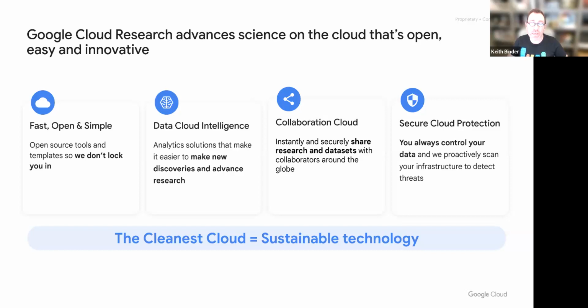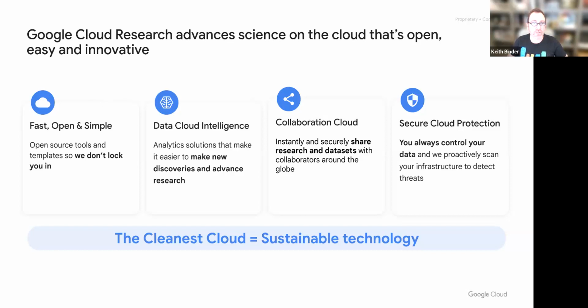You can also choose to take it away from Google Cloud, right? That's your choice. We provide that intelligence layer. We have the analytics solutions that allows you to make insights into your research. We allow you to not only make those insights, but share those insights, given the collaboration capabilities of the cloud.